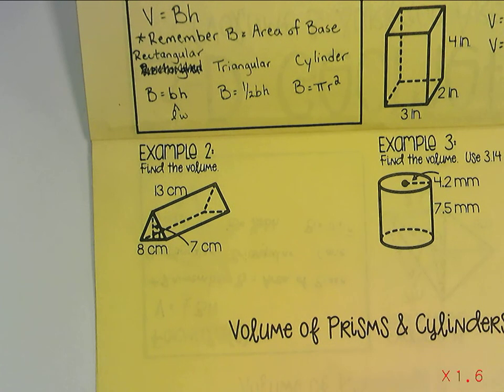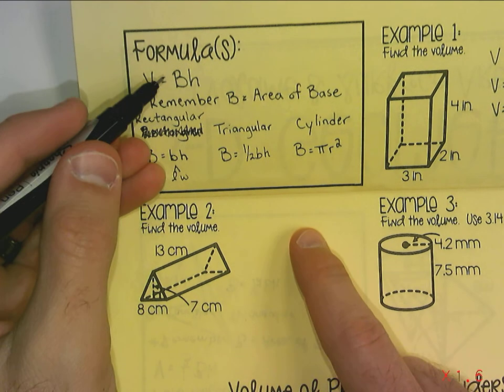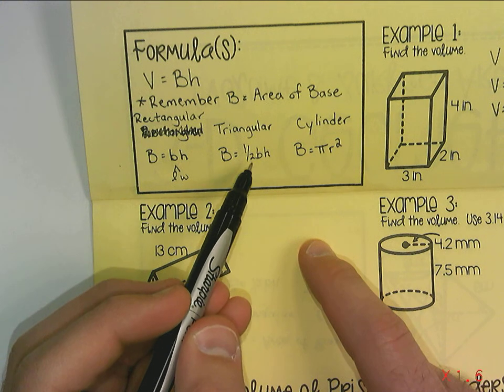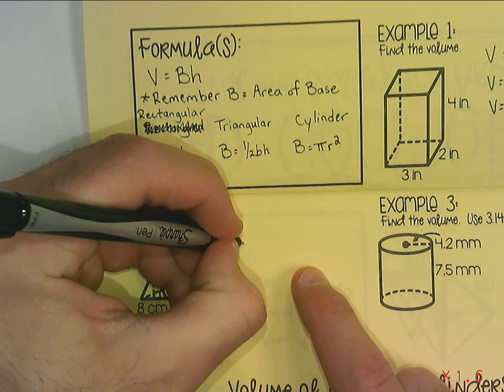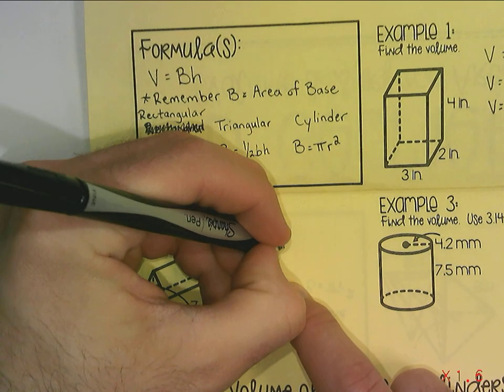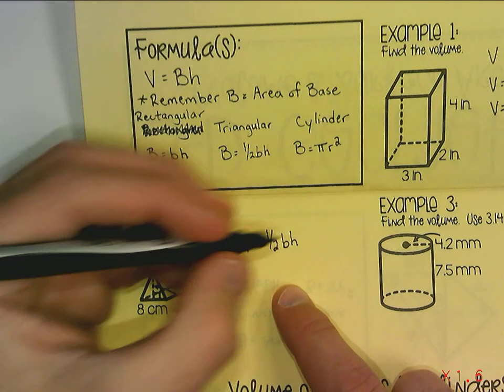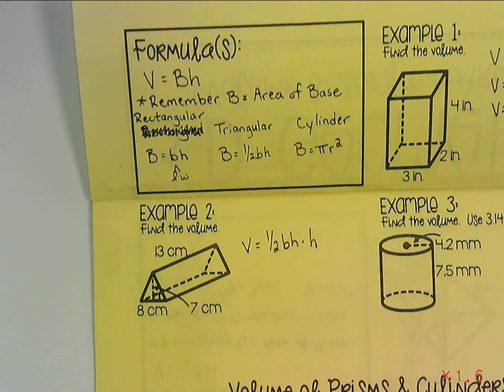This would be a triangular prism. So we're looking at volume equals base times height, but our base in this case is going to be 1/2 base times height. So if I write this out, it's volume equals 1/2 base times height times the height. Make sure you have that written down.